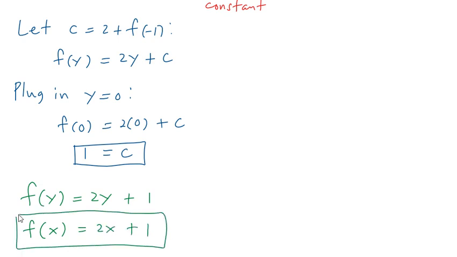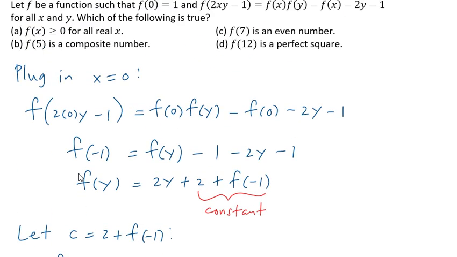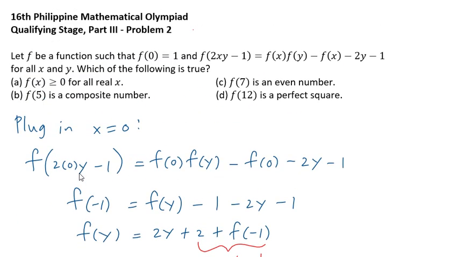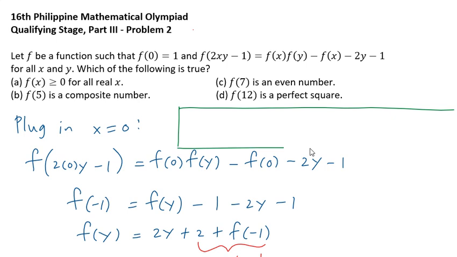Now let's use f of x equals 2x plus 1 to decide whether each of the options is true or false. Okay, so f of x is equal to 2x plus 1. Take note, this is a linear function, and a linear function has a range of the set of real numbers, right?